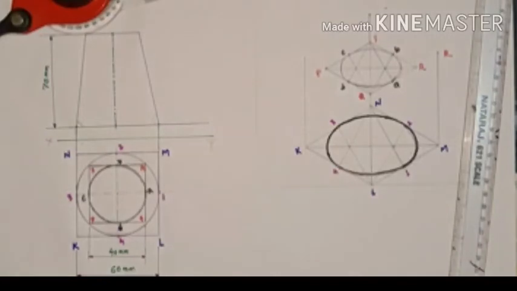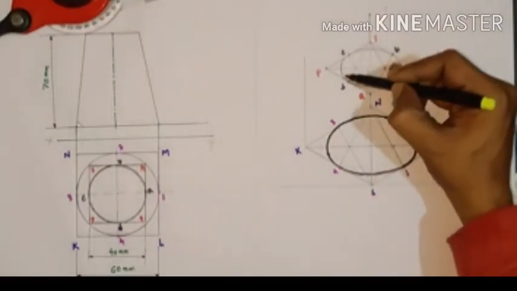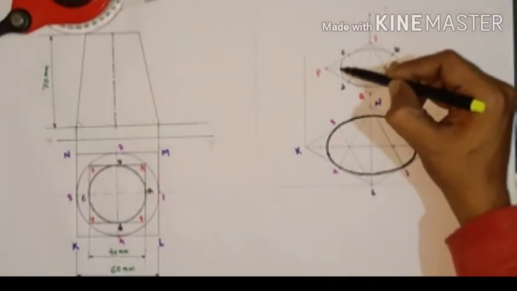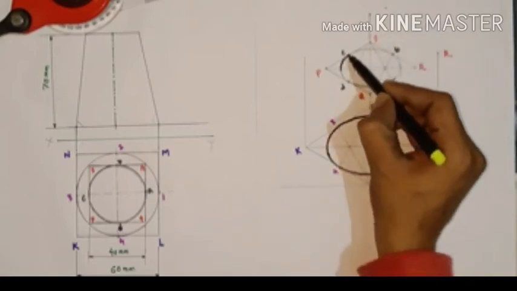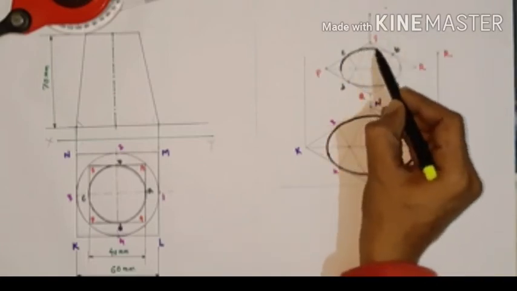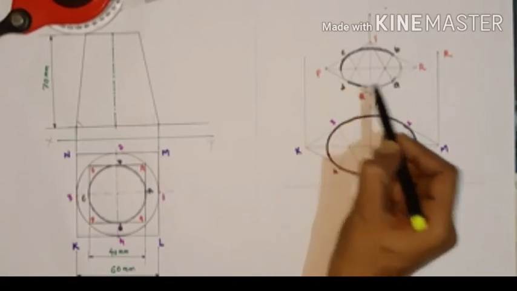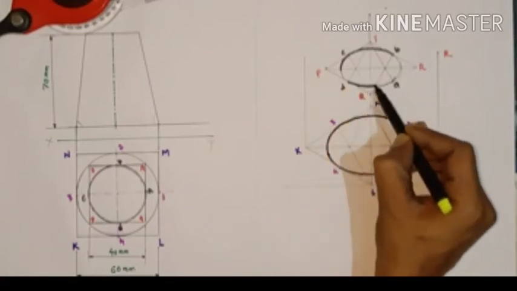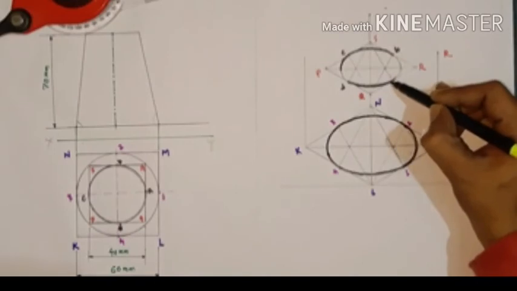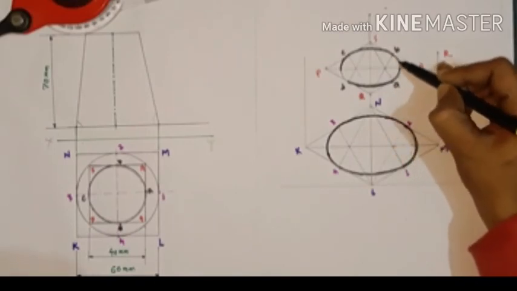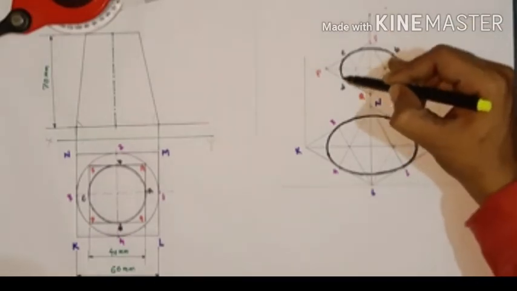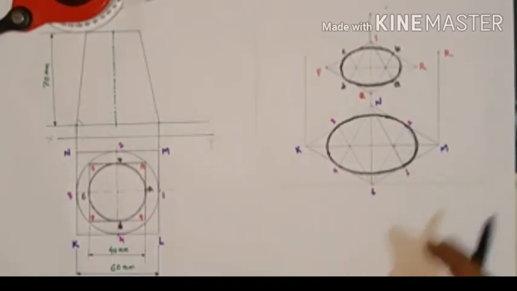Okay, so now for better appearance I override this, like this. Okay, so now we join all these sides.